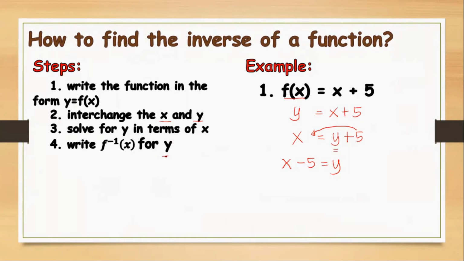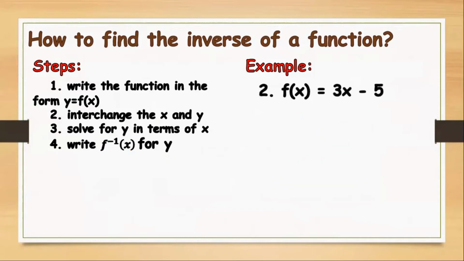And instead of y, we have to write f inverse of x. So let's try. Instead of y, we have f inverse of x equals x minus 5. This is now the inverse of the given function f of x equals x plus 5.